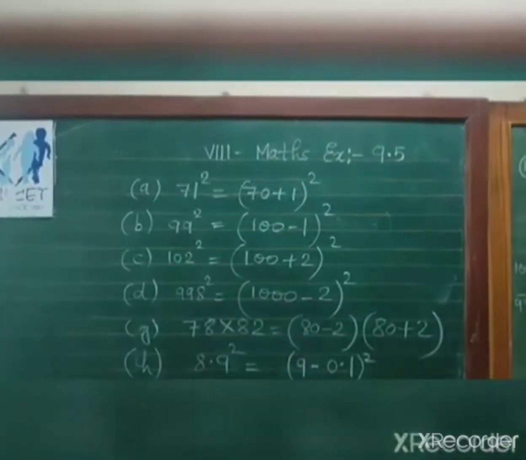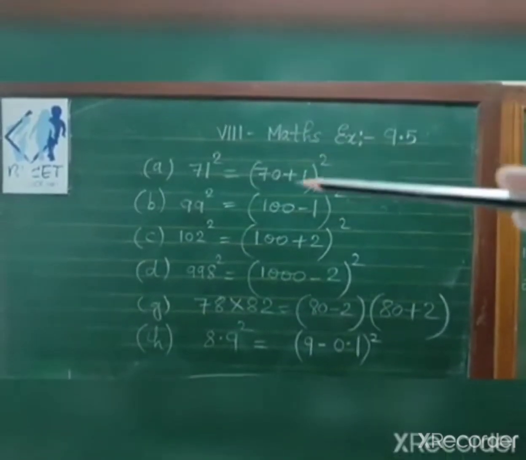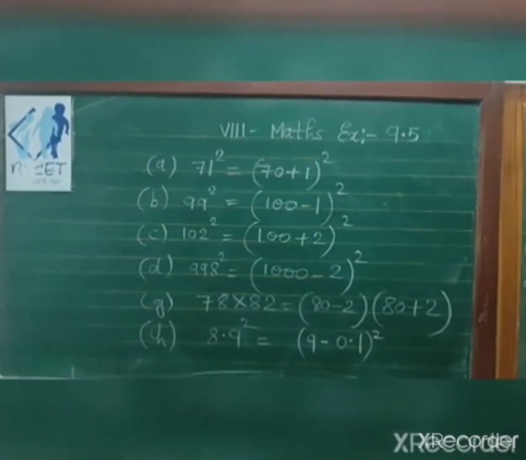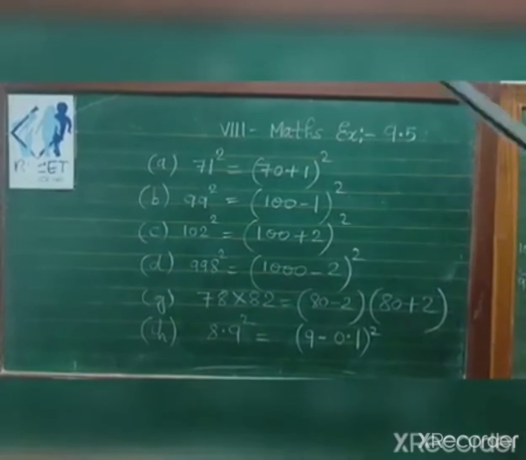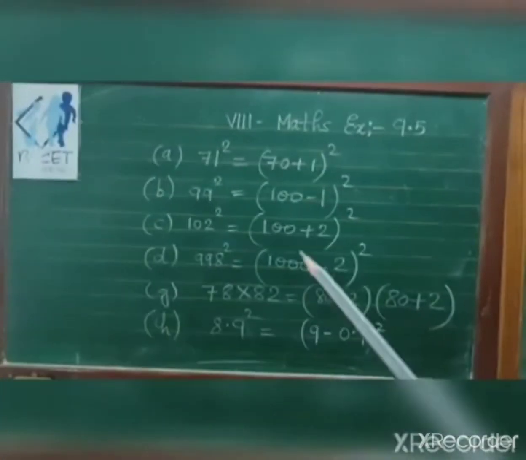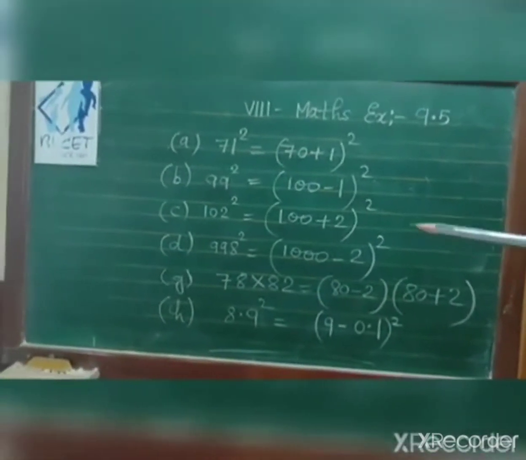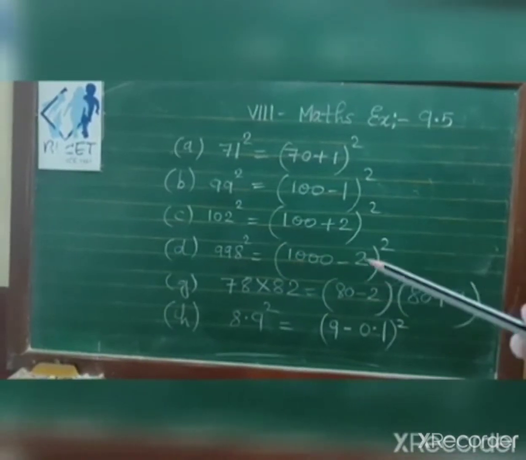Now for solving the sums, I am giving you hints in the 6th question. 71 square, that means 70 plus 1 whole square. Now that means a plus b whole square formula you will apply. 99 whole square, that means 100 minus 1 whole square. A minus b whole square formula you will apply. 102 whole square, that means 100 plus 2 whole square. A plus b whole square formula you can apply. 998 square, that means 1000 minus 2 whole square.